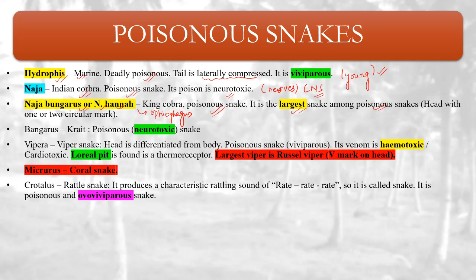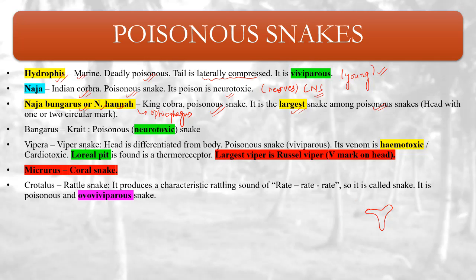The head has one or two circular marks in the case of Naja bungarus or Ophiophagus hannah, king cobra, like this. This type of pattern is present on the body, on the dorsal side or on the ventral side.